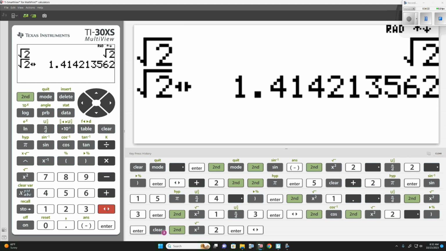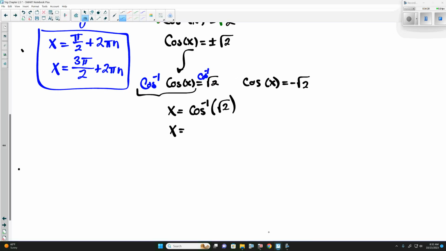That is too big. There's no way to make cosine of x ever get to be square root of 2, let alone negative square root of 2. So this side is not possible.